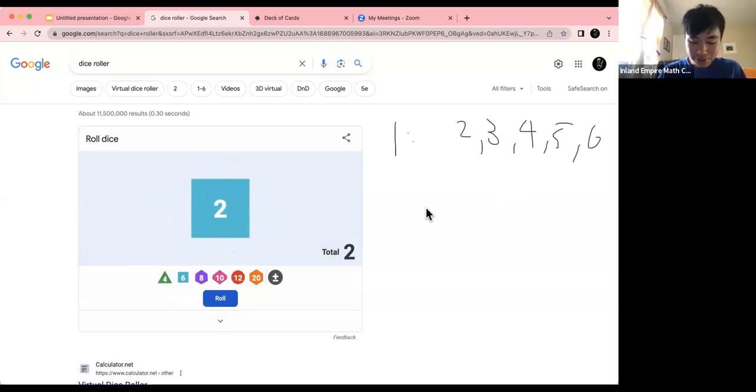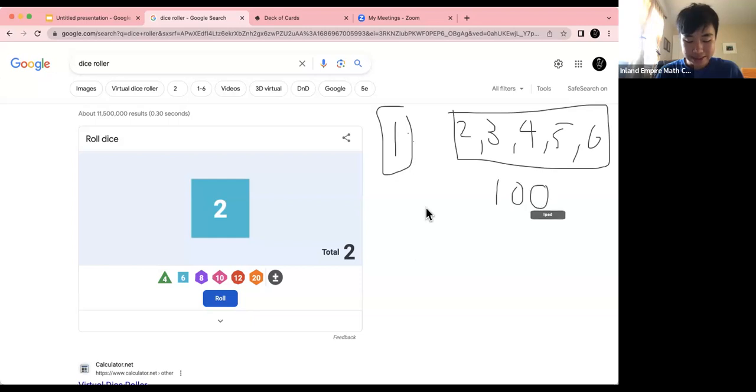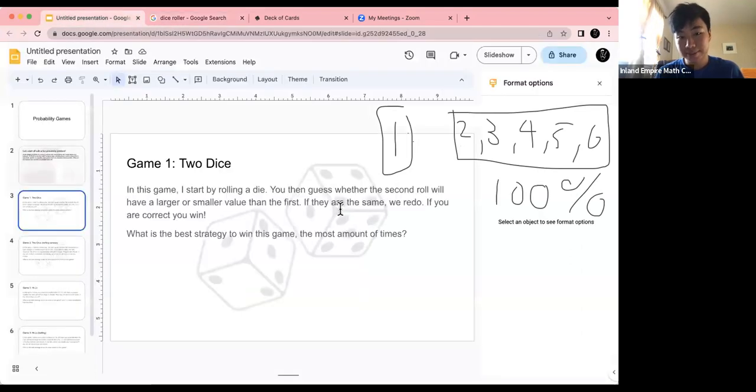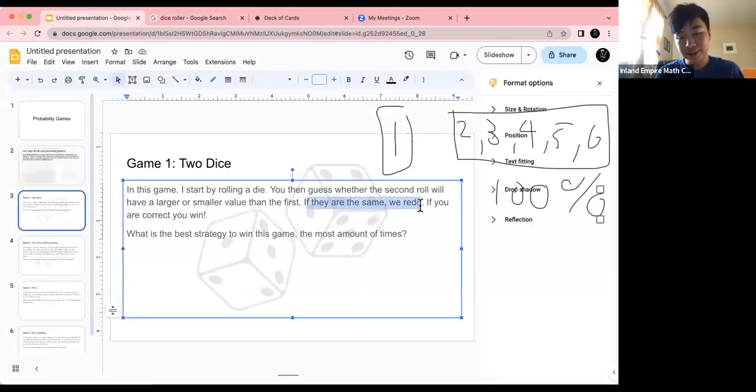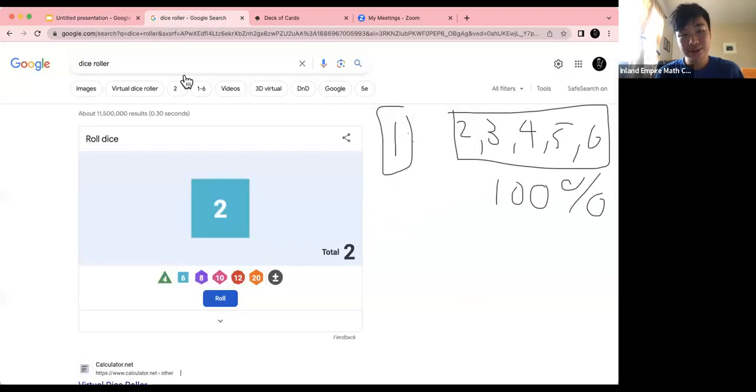But now look at all of these other possibilities. All of these other possibilities are greater than 1, which means that if you roll a 1, there's a 100% chance that your next roll will be bigger, if you follow the rules and skip it and redo whenever they're the same.